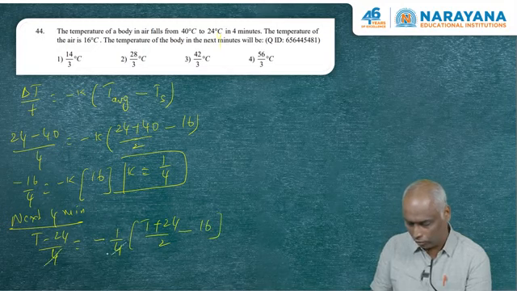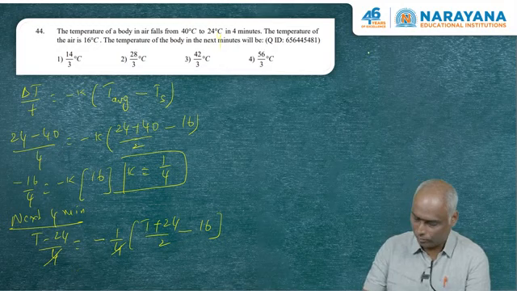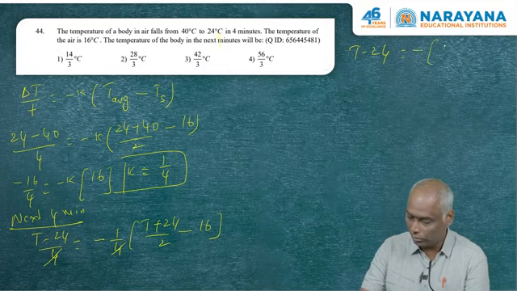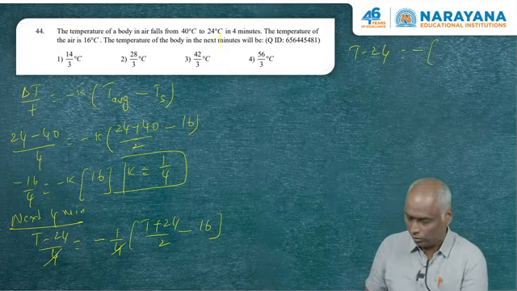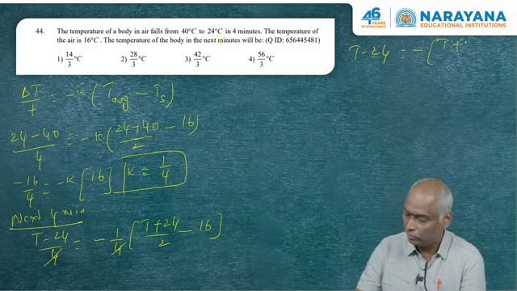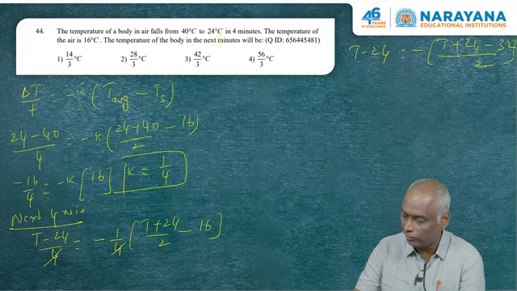So here this 4 and 4 will get cancelled. Now we get T minus 24 equals minus of (T plus 24 minus 32) divided by 2.